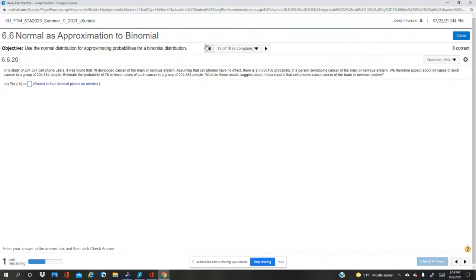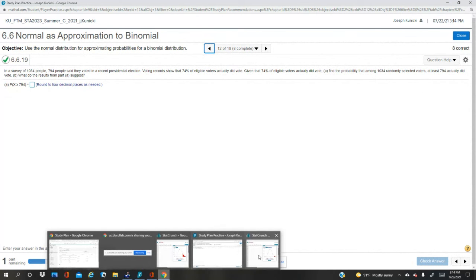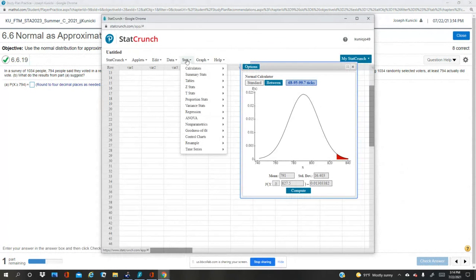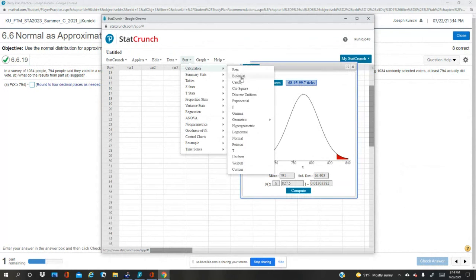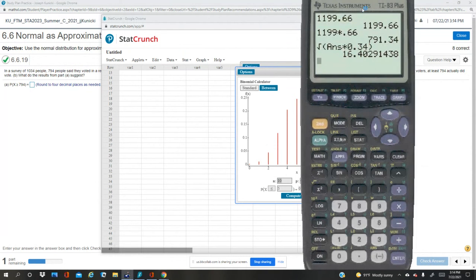Just to show you how good that normal approximation is, let's go ahead and do the actual binomial, since we have the power to do it. Only now we have to put in the actual n, which was 1199. I better open the calculator to see.